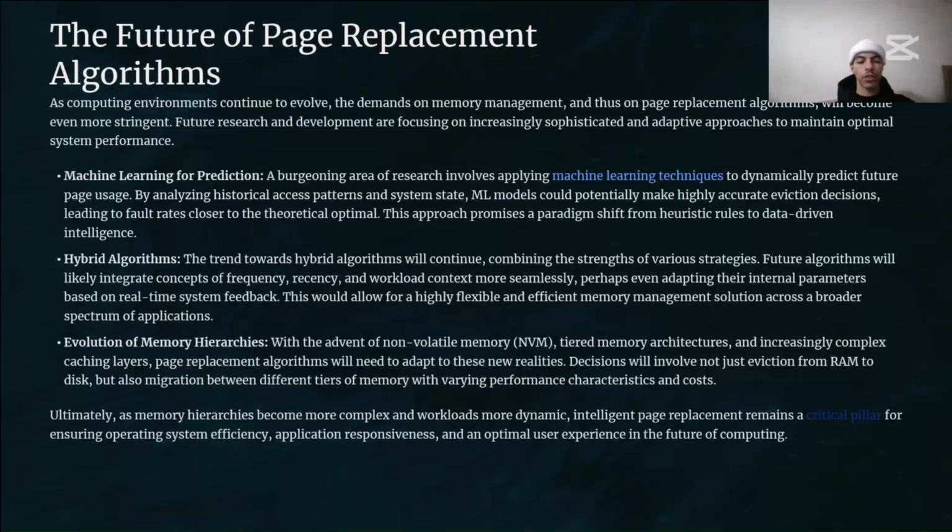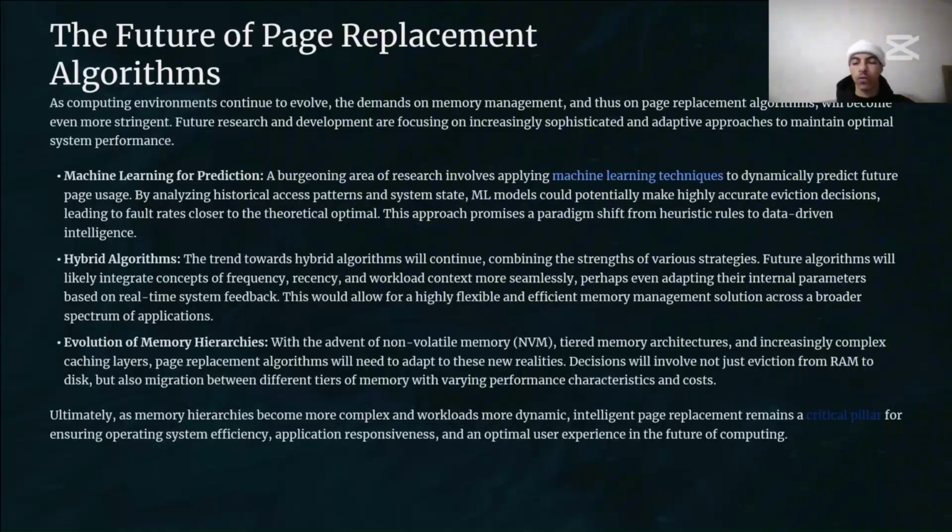Evolution of memory hierarchies. With the advent of non-volatile memory (NVM), tiered memory architectures, and increasingly complex caching layers, page replacement algorithms will need to adapt to these new realities.